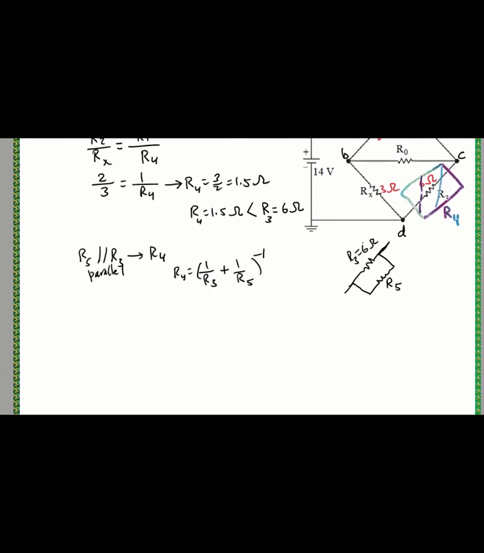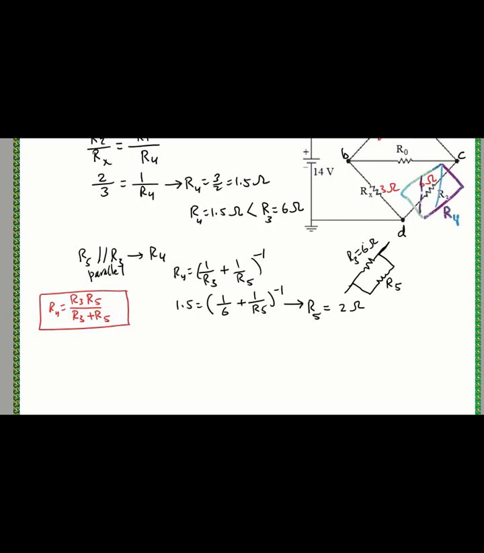Substitute R4 is 1.5, 1 over R3 it is 1 over 6, plus 1 over R5 which is unknown, inverse. Do the calculation to find R5. We will find that R5 is 2 ohms. You can solve for R5, and this R4 equals R3 R5 over R3 plus R5, as you wish.